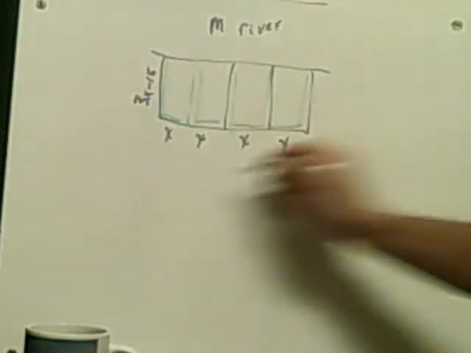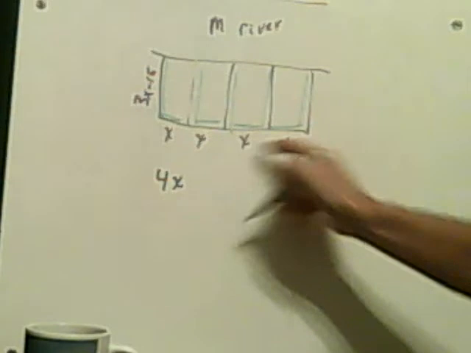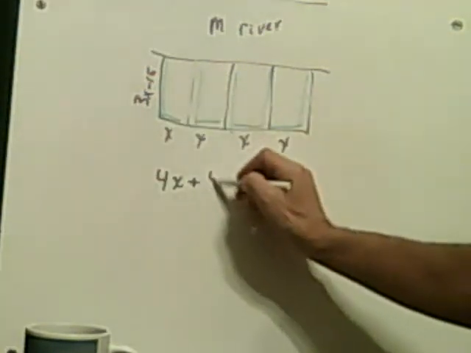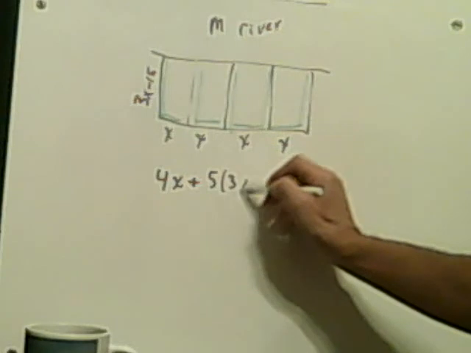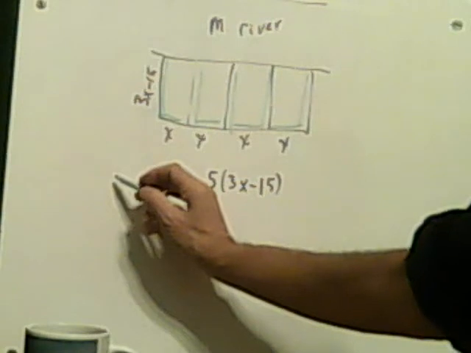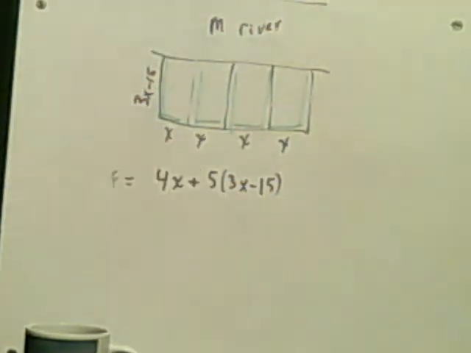Well, it's just the sum of all these. It's going to be equal to 4x, because that's these 4 pieces, plus 1, 2, 3, 4, 5 amount of the other dimension. So you might call this the total amount of fence.